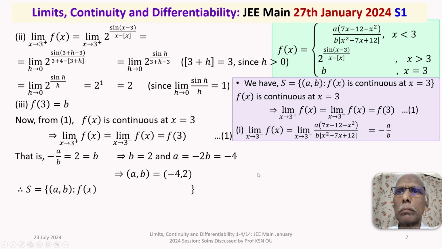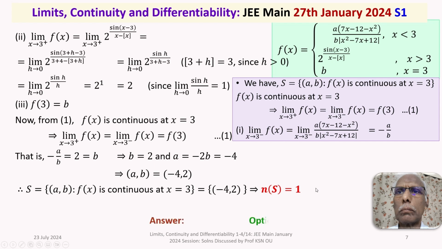So let's get back to S. The set of all those ordered pairs a comma b such that f of x is continuous at x is equal to 3 is the set consisting of only one ordered pair, that is minus 4 comma 2. Therefore n of S, the number of elements present in S, is only 1.